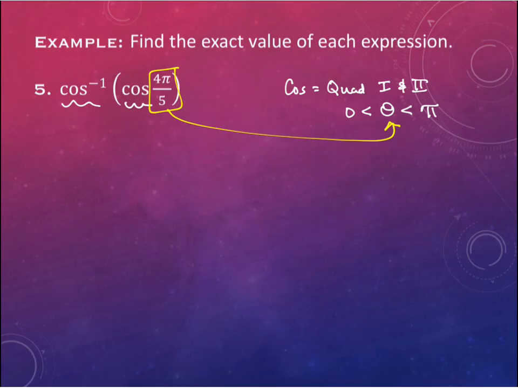It's 4/5 of a pi. So this actually does cancel. These actually do exactly what we would expect them to do. This is going to equal 4 pi over 5. And the reason is because 0 is less than 4 pi over 5 is less than pi. That's why. It satisfies the criteria.